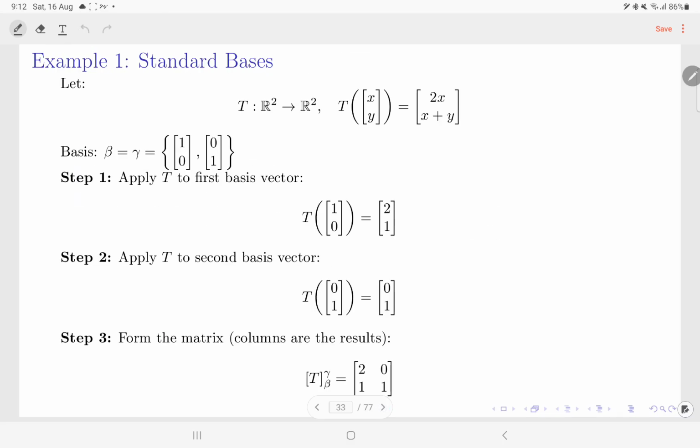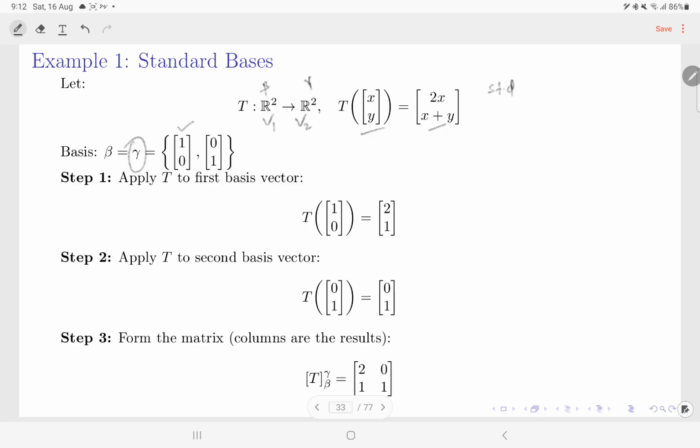So let's say this is the transformation from R2 to R2, and the transformation is given T of (x, y) is equal to (2x, x plus y), and the standard basis is given for both beta and gamma. Basis for the first space is beta and basis for the second space is gamma. So first step, apply the transformation for the first vector and then the second vector, and for both of them write in terms of gamma.